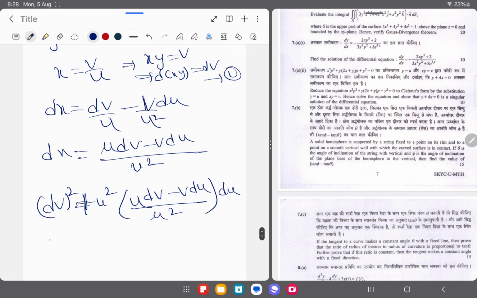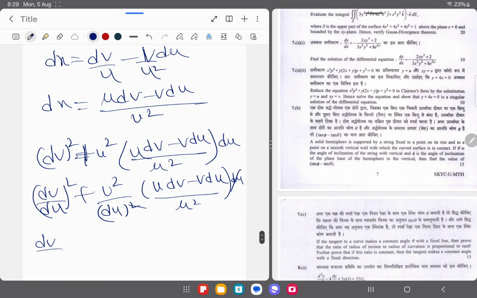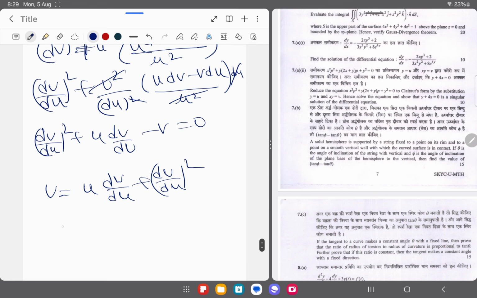Now dividing by du whole squared, u squared cancels here. We get u dv by du minus v is equal to 0. So this is v equals u dv by du, whole squared. So this is of the form y is equal to px plus f of p, right?